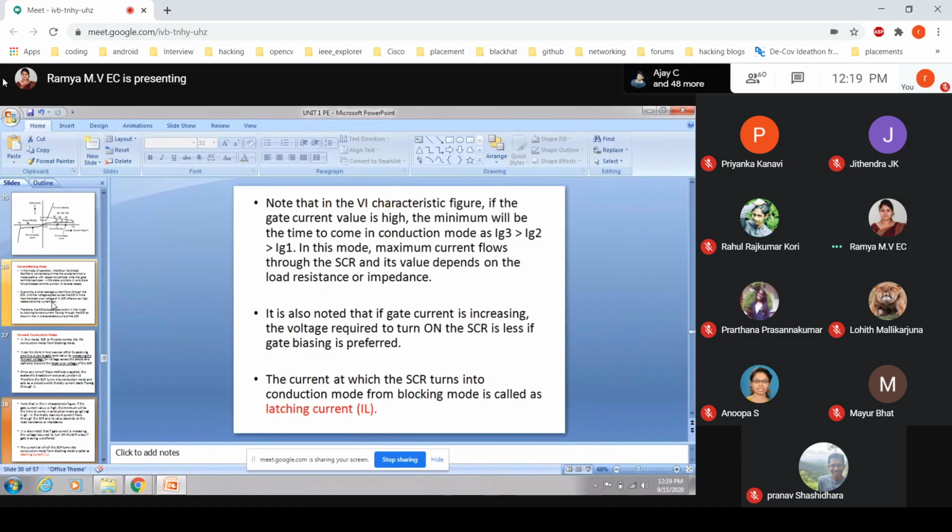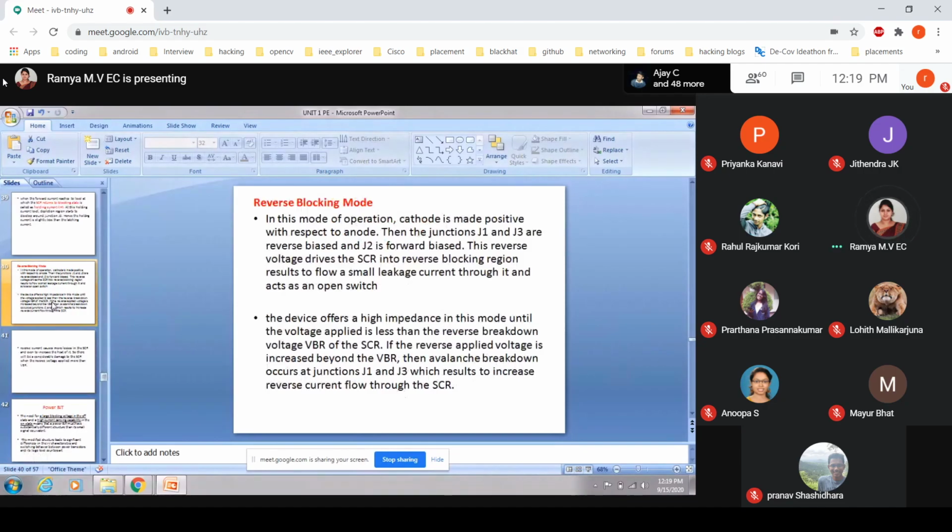Then the reverse blocking current. We know that. The SCR is similar to the diode, but it has a control terminal called the gate, with the help of which the operating regions can be varied.